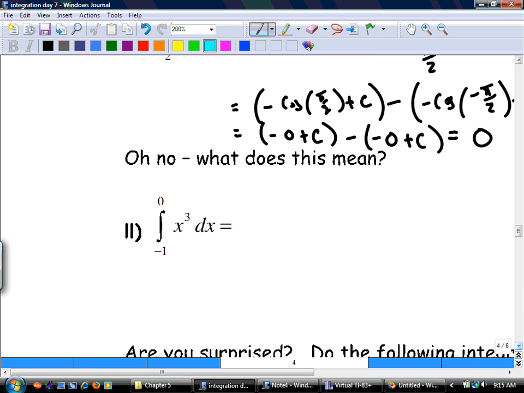Okay, x cubed. Is that an even function or an odd function? Odd. Well, if you don't believe me, what's the antiderivative of x cubed? 1/4 x to the 4th plus c. Negative 1, 0. So sub in 0.